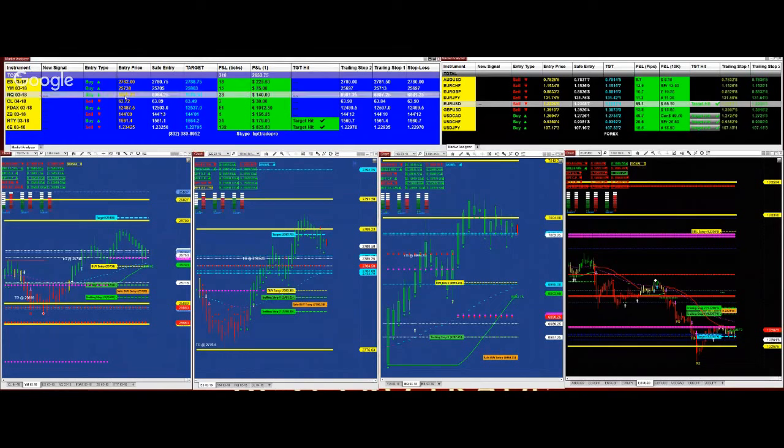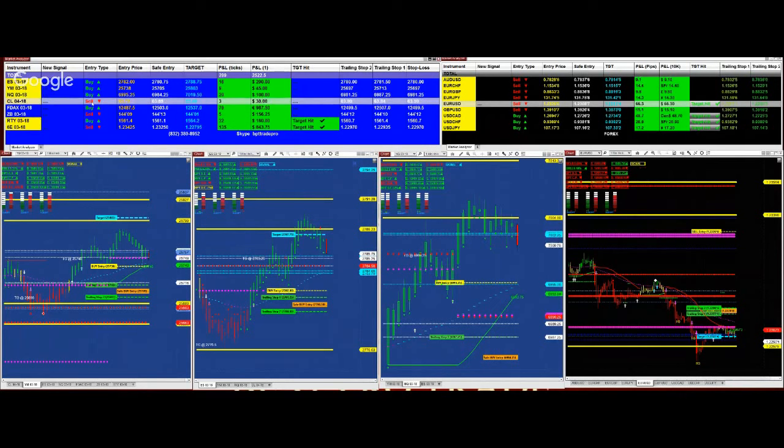On the Nasdaq, we have 95.25 as an entry, target 719.50, and on the CL, 70 shorts on the CL. Oh, I didn't see that. And then the target 63.49.